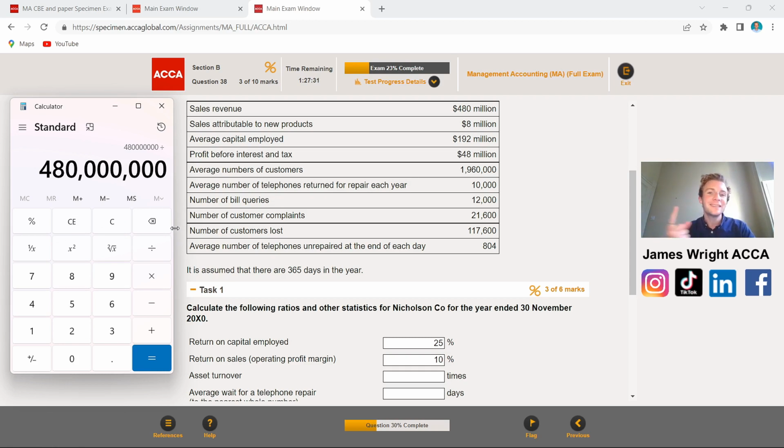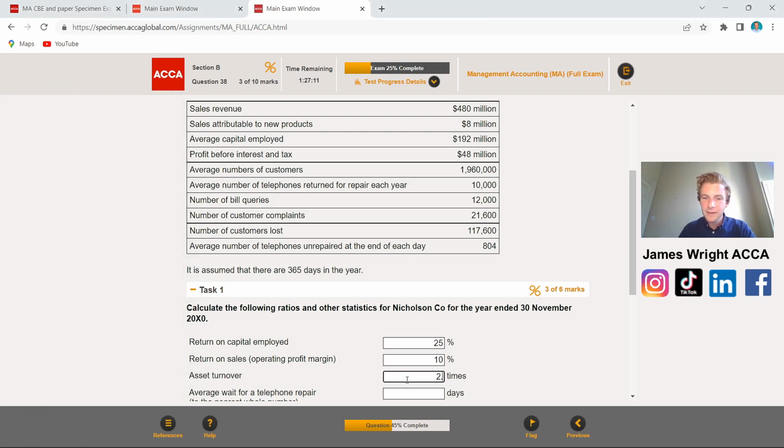We want the sales to be as high as possible. It's basically saying from the investment into the business, we want to generate as much revenue as possible. So take that capital employed of 192, and that gives 2.5 times, and we want it to be as high as possible.